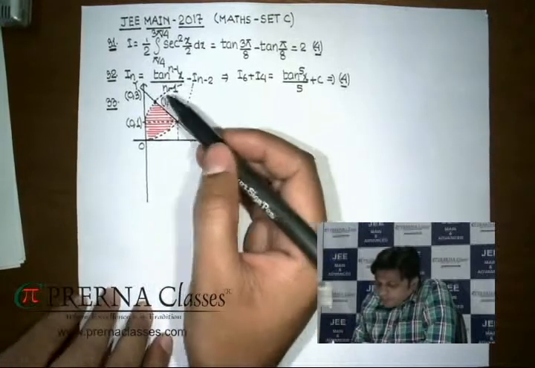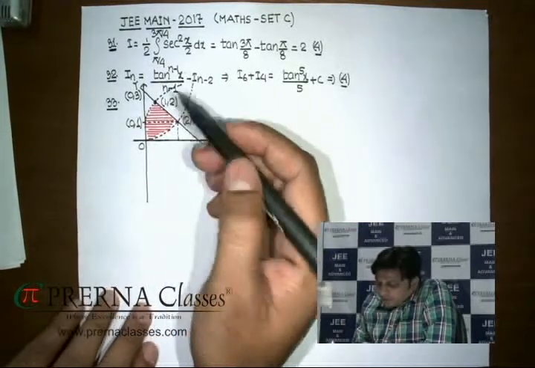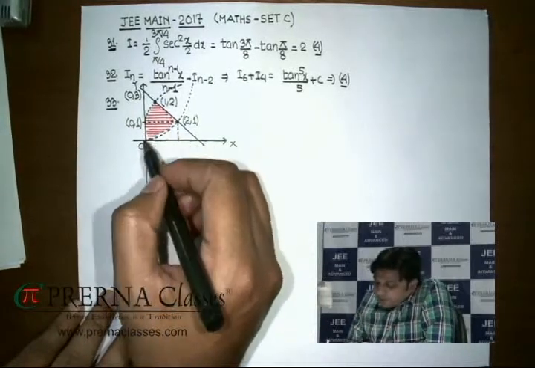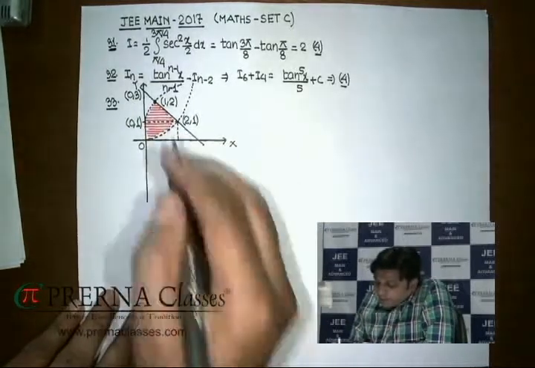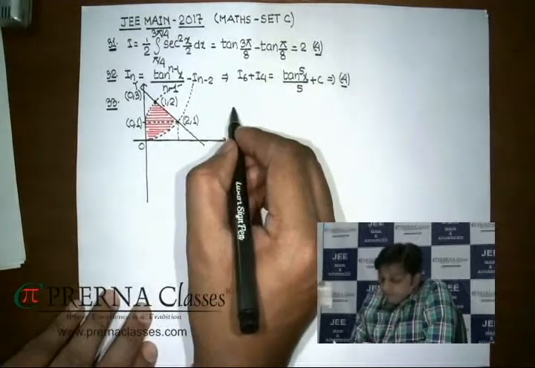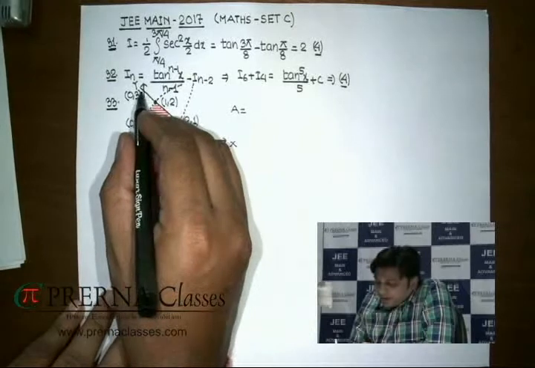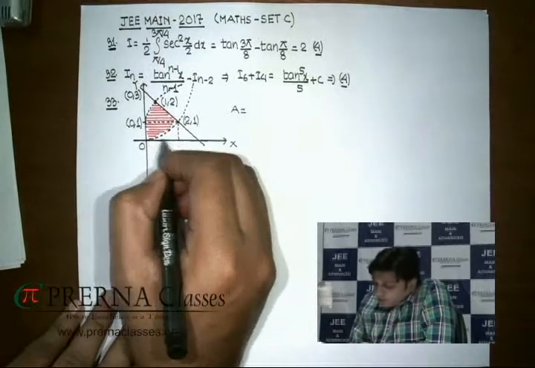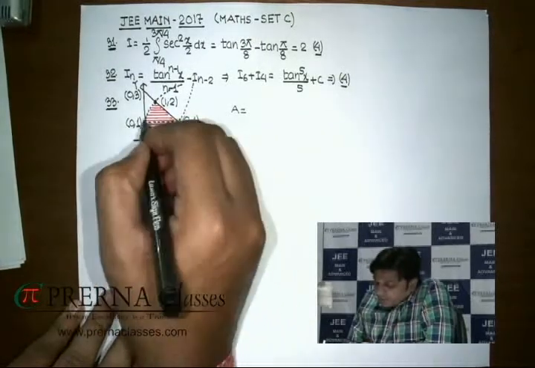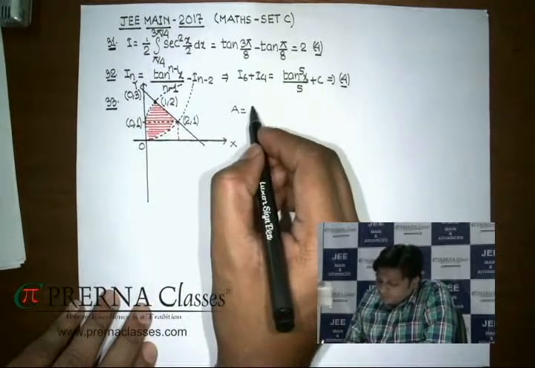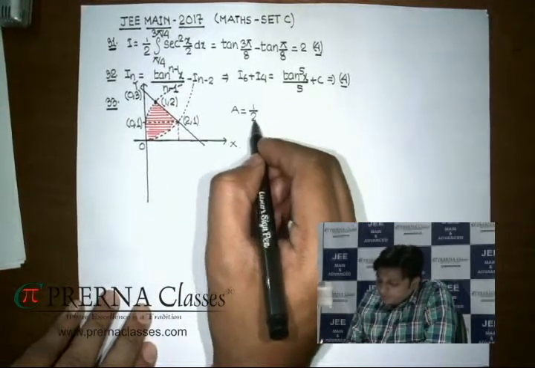The area is for this region, which is already shaded here. For computing this area, we are going to find the area of this trapezium. From that, we are going to remove the area of this part and the area of this part. As far as the area of the trapezium is concerned, it's going to match with this quantity.